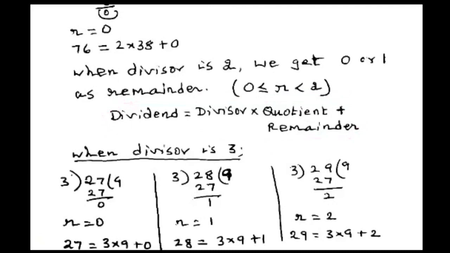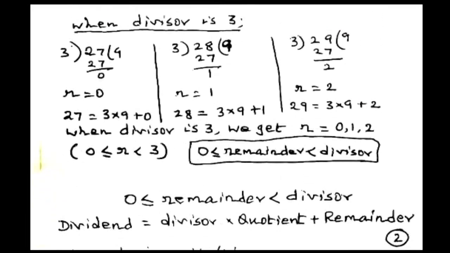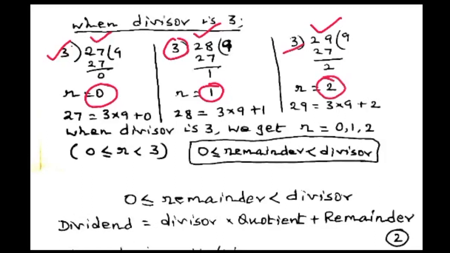Now we consider the case when a number is divided by 3. What will be the remainder? Here I considered 27. We have divided 27 by 3, we got remainder 0. 28 is divided by 3 and we got remainder 1. 29 is divided by 3, we got remainder 2.